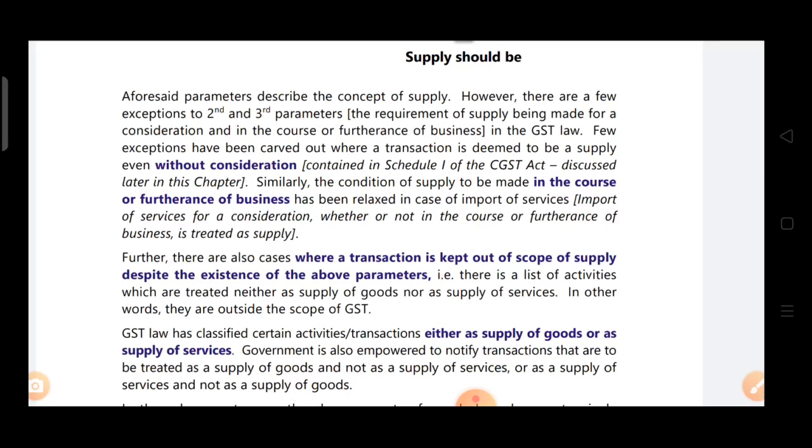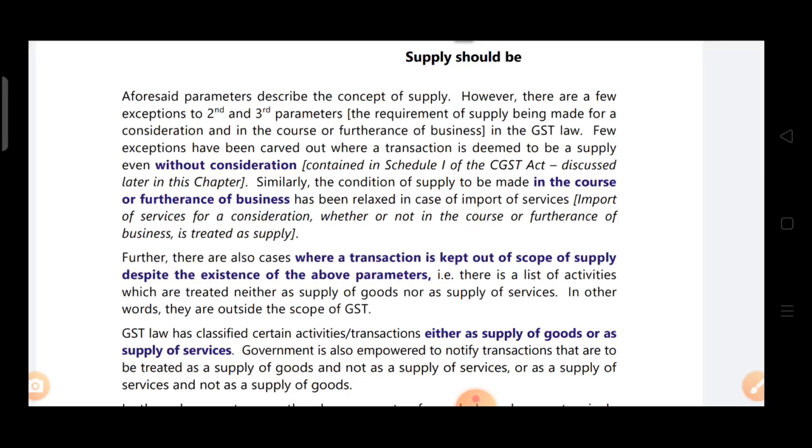Now further, there are also cases where a transaction is kept out of the scope of supply despite the existence of the above parameters. What happens if an activity has all three parameters: consideration is there, it is made in the course of business, and it is of goods or services? It is a supply of goods or services.